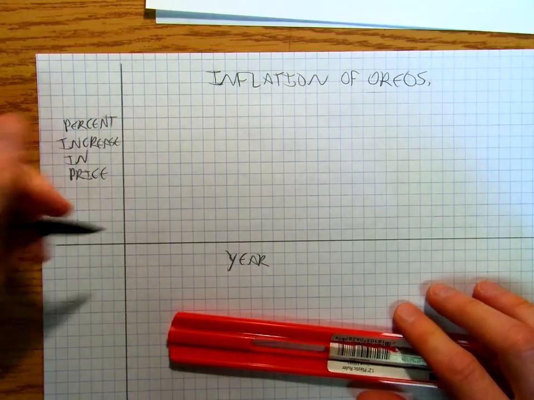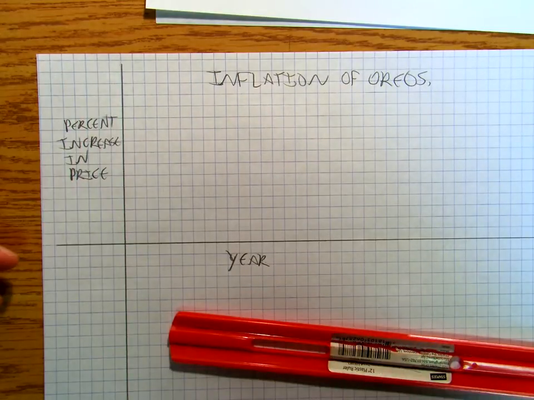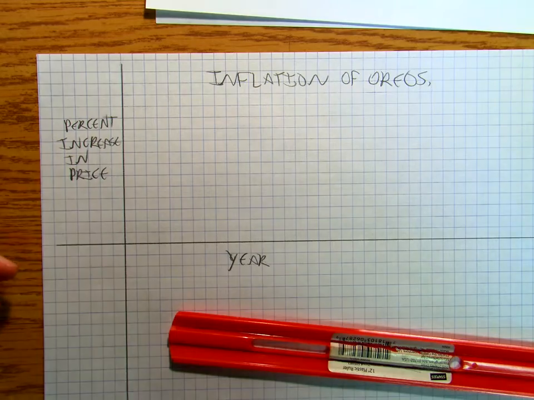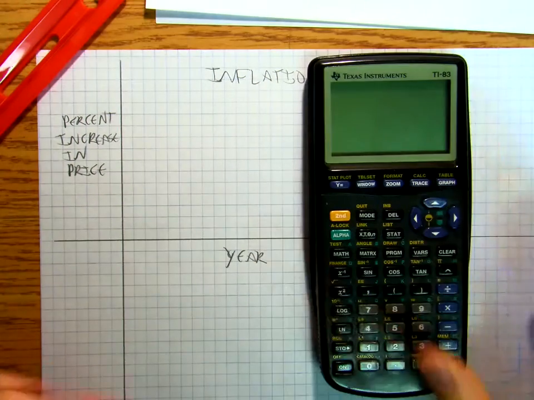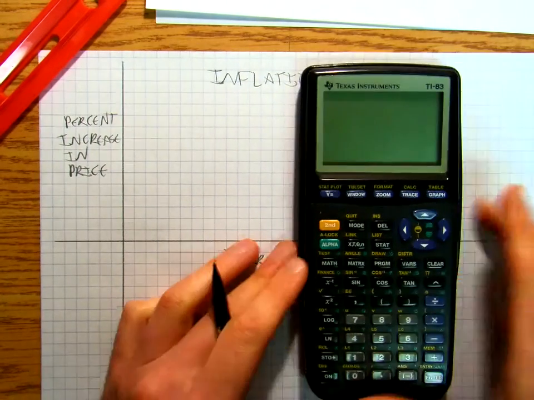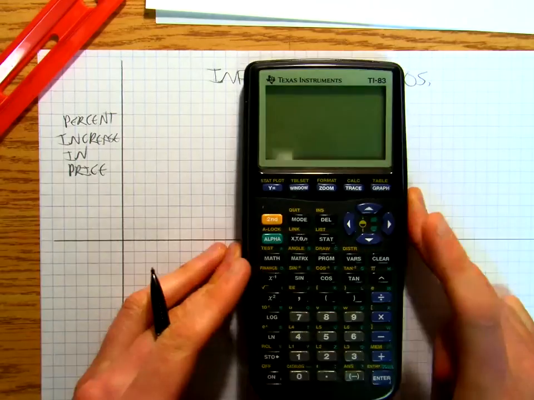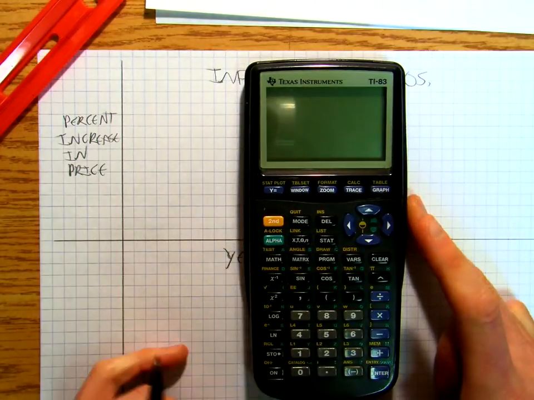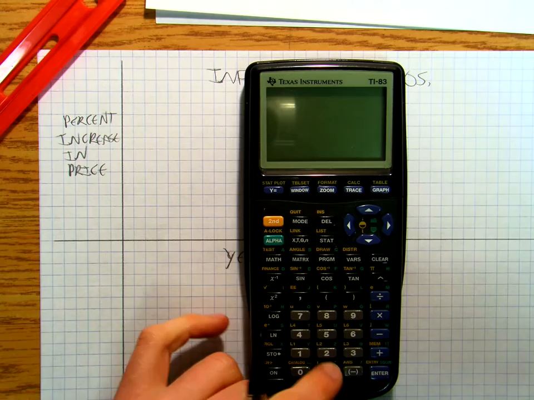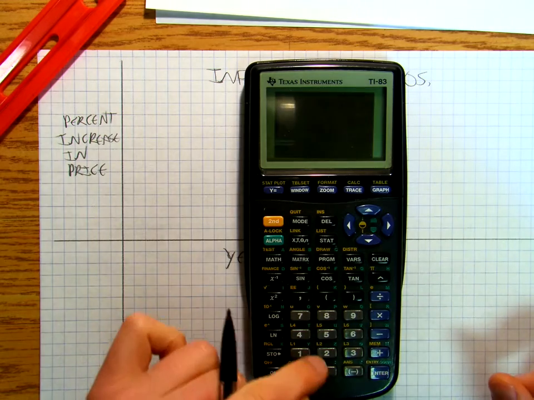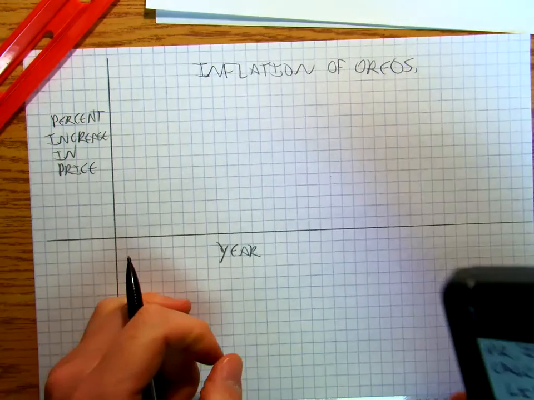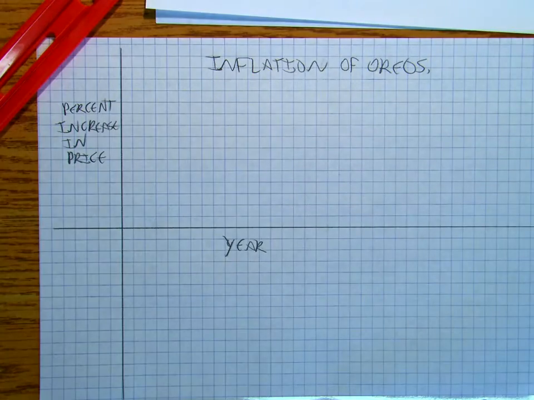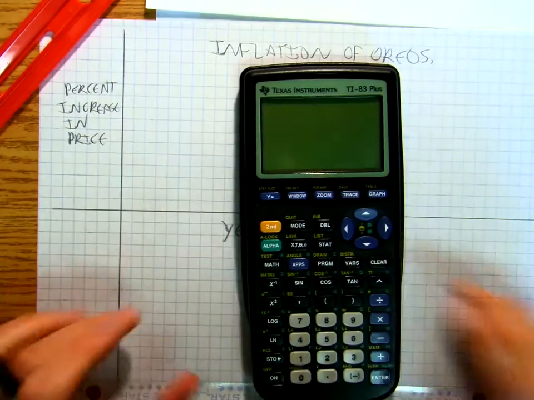What's our biggest increase in price going to be? Probably 1.83, so that's 0.4. I want this calculator.